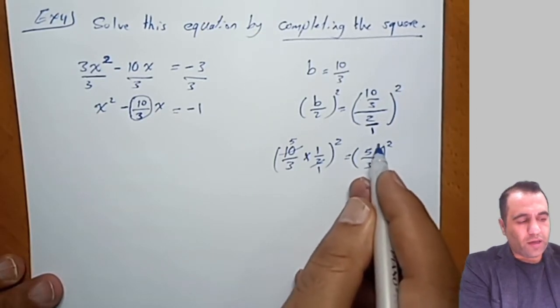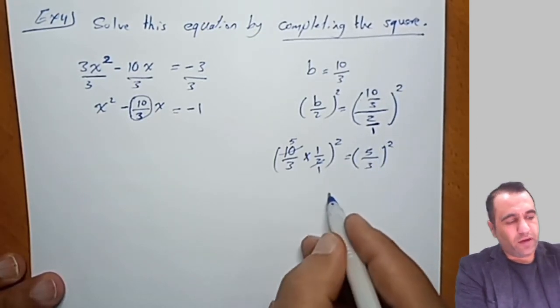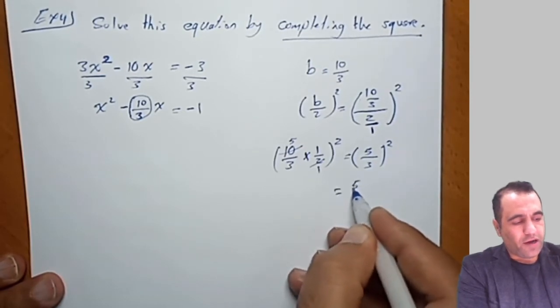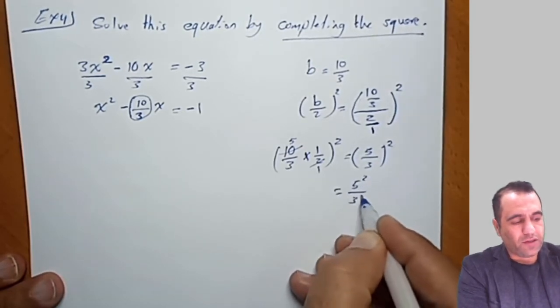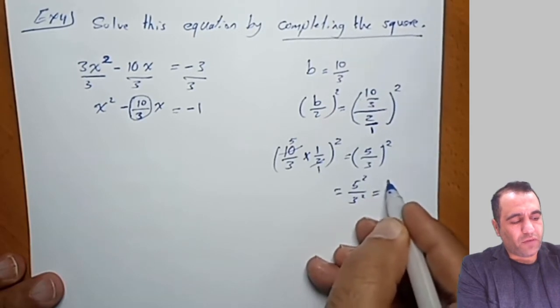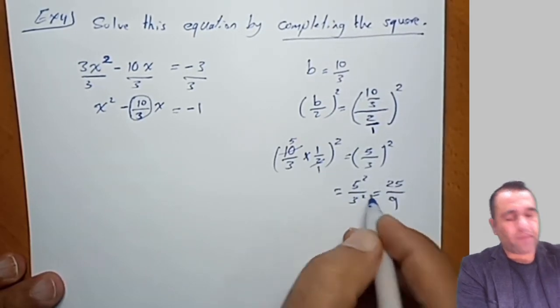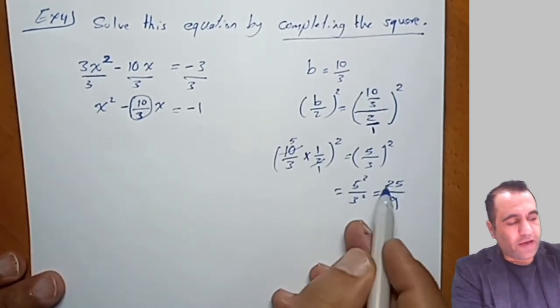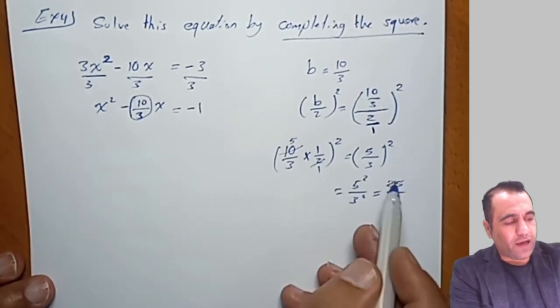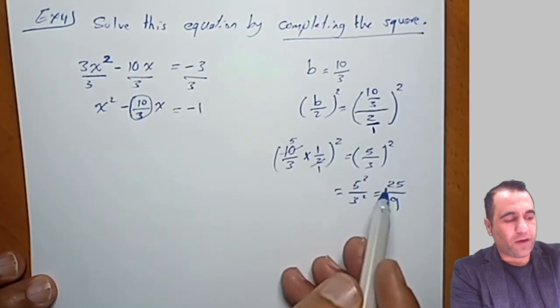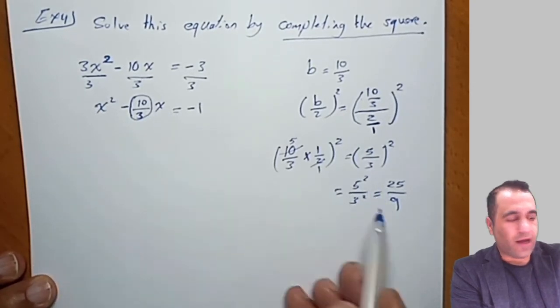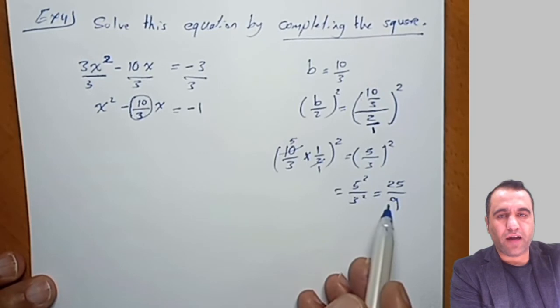Just put the power on 5 and 3, so it becomes 5 squared over 3 squared, and 5 squared becomes 25, and 3 squared becomes 9. Okay, so we have to add the third part, 25 over 9.